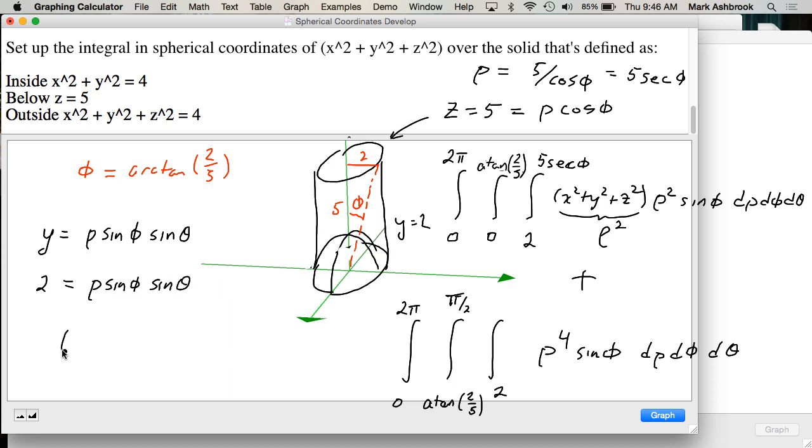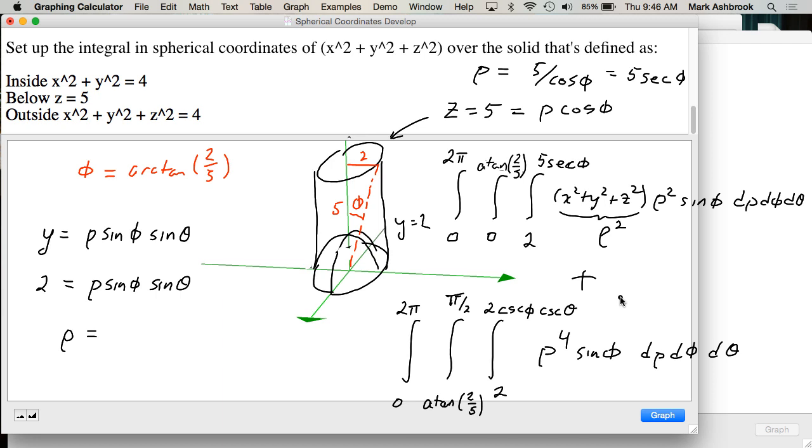So rho equals 2 cosecant phi cosecant theta. So that depends on theta, but why does it depend on theta? It shouldn't depend on theta.